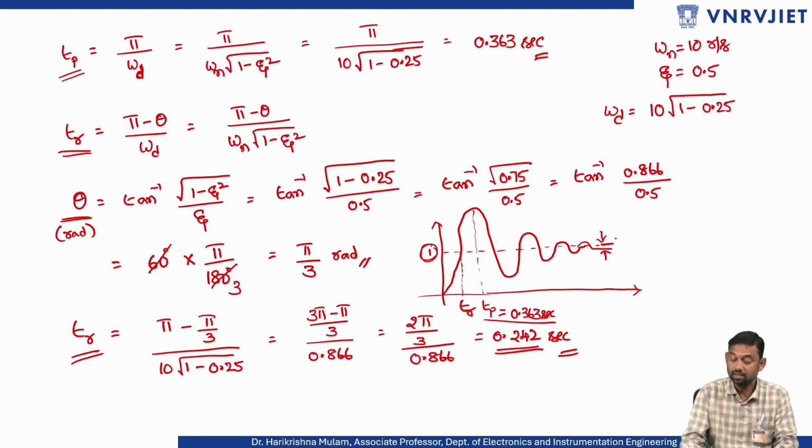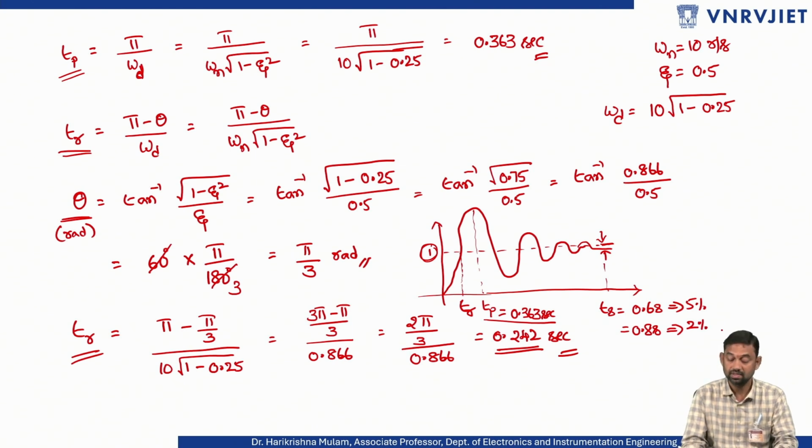Then settling time, which is found in the steady state response. We got it as 0.6 seconds if the error is 5%, and 0.8 seconds if the steady state error is considered to be 2%. And this is the overshoot, which is the deviation from the desired value.